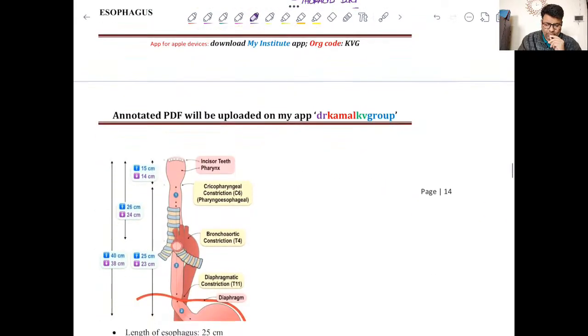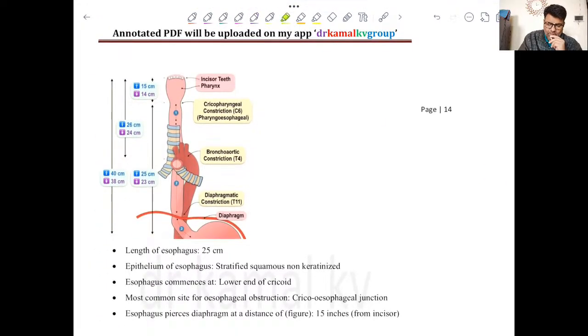Then coming to esophagus, the length of esophagus is 25 centimeter and the lining is stratified squamous, non-keratinized. Esophagus starts at the lower border of the cricoid cartilage. Clear?